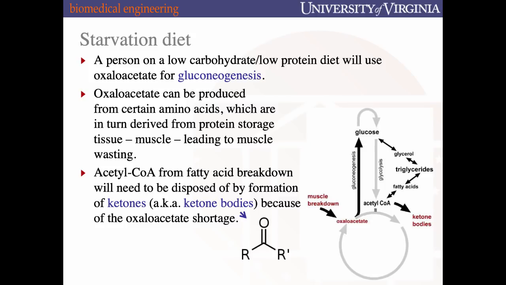That step is irreversible. And so for gluconeogenesis to be able to get around that irreversible step of glycolysis, it needs to go through an oxaloacetate intermediate. So this is where oxaloacetate comes into play when the liver starts driving for gluconeogenesis. By extension, it's pulling oxaloacetate out of the TCA cycle and using it for gluconeogenesis. So you're pulling out from here to drive this pathway up to maintain glucose for the brain.